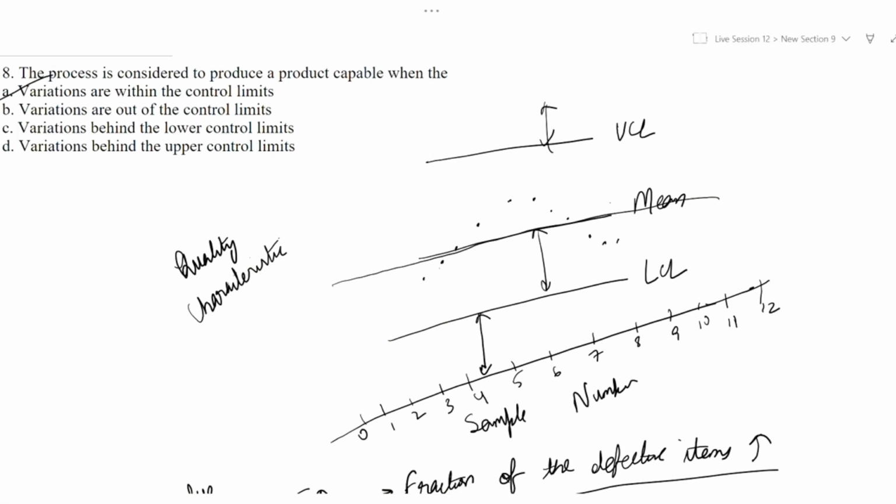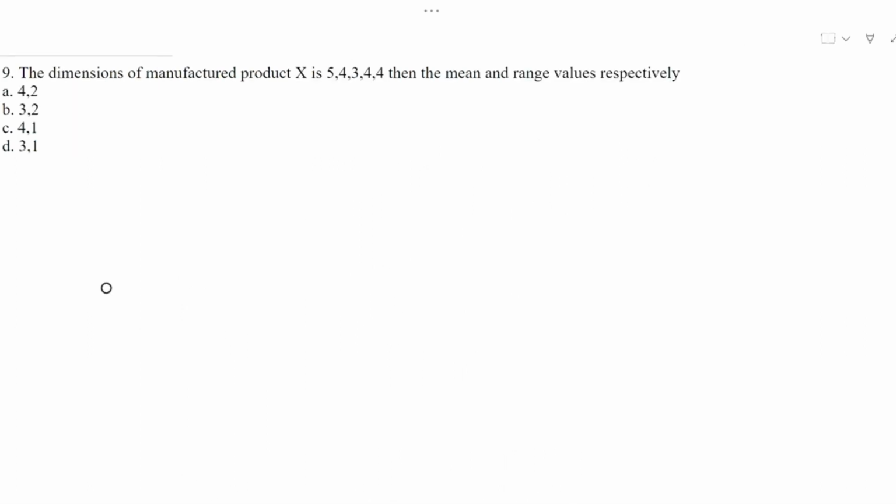Now the next question. The dimensions of manufactured product X are 5, 4, 3, 4, 4. Then what are the mean and the range values? Mean is very straightforward: the sum of observations divided by the number of observations.